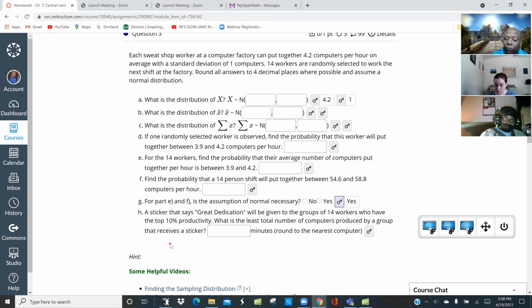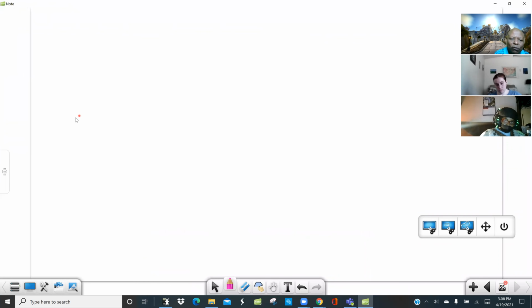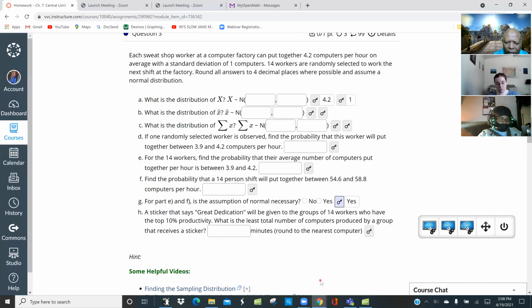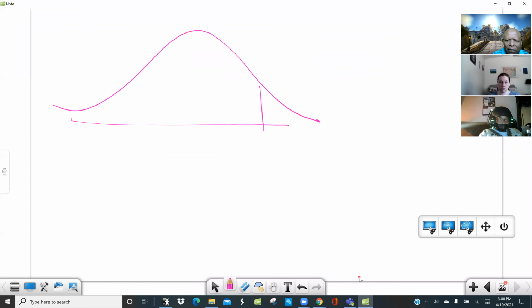How many computers do you put together as a group of 14? In that case, you would have to look at your normal distribution. And since they are talking of what percentage, the top 10%, this is what is gonna happen here.